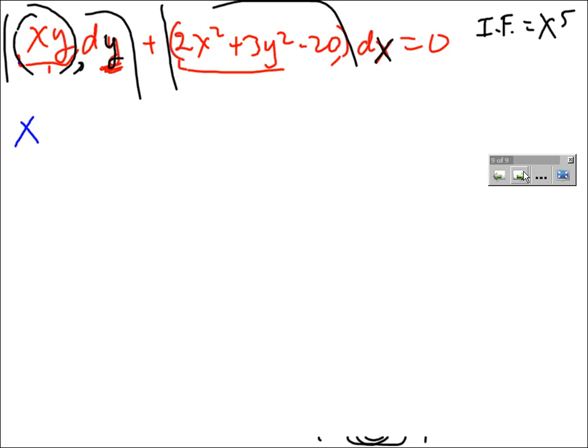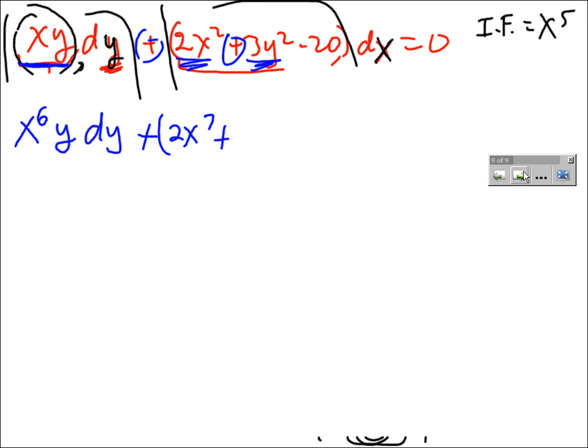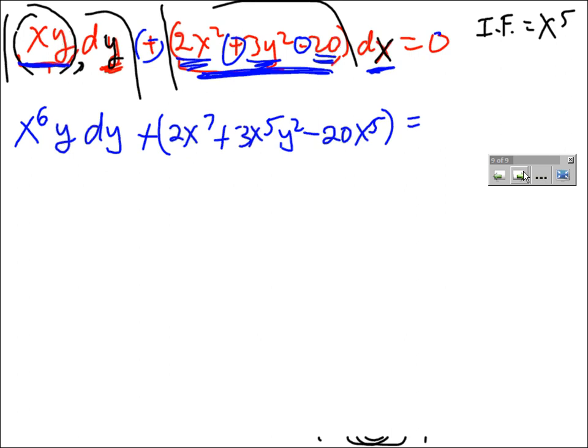So when I multiply this by x to the 5th, I get x to the 6th y dy, plus 2x to the 7th, plus 3x to the 5th y squared, minus 20x to the 5th, equals 0, since 0 times x to the 5th is 0. This is an exact differential equation.